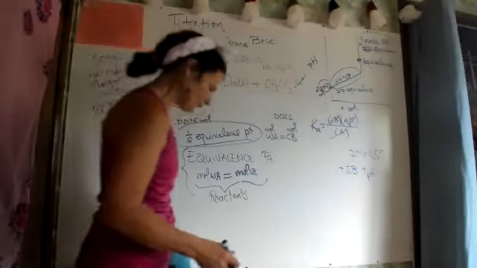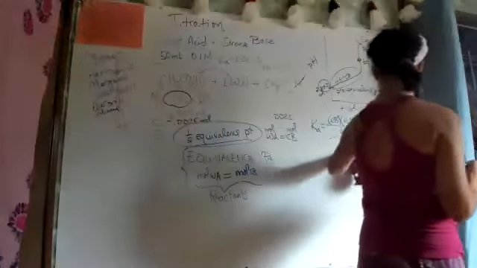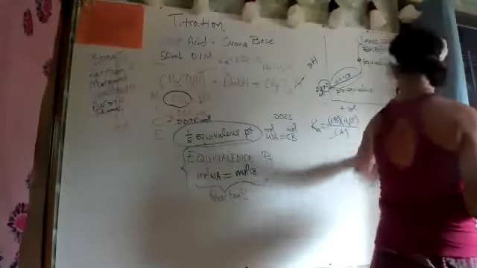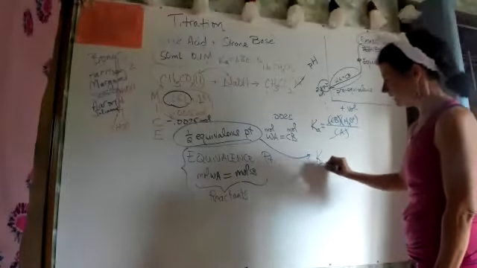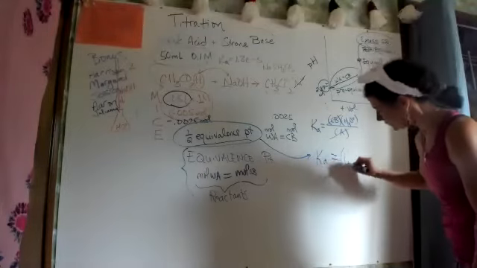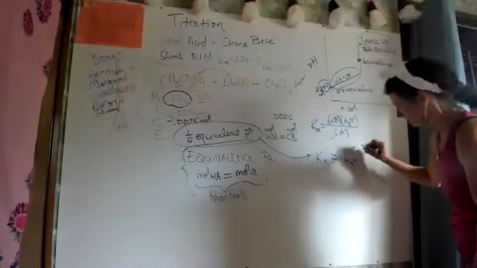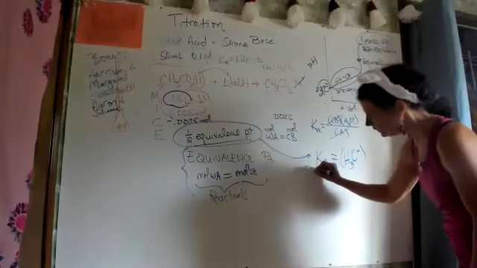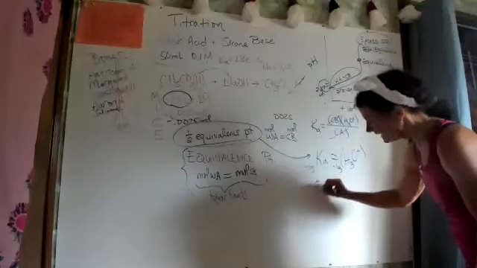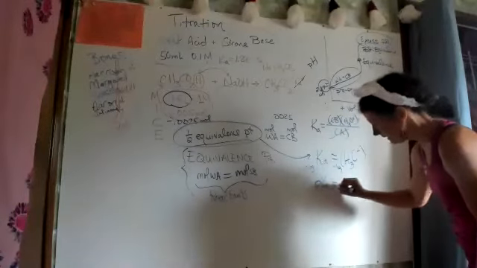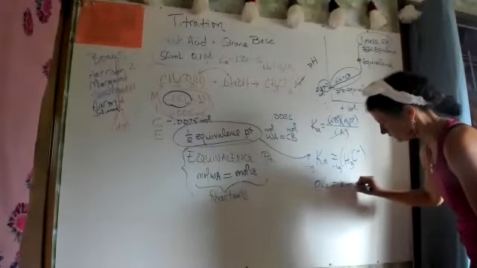So only at the half equivalence point, Ka equals the hydronium. And if we take a negative log of each one of them, the pKa equals the pH.